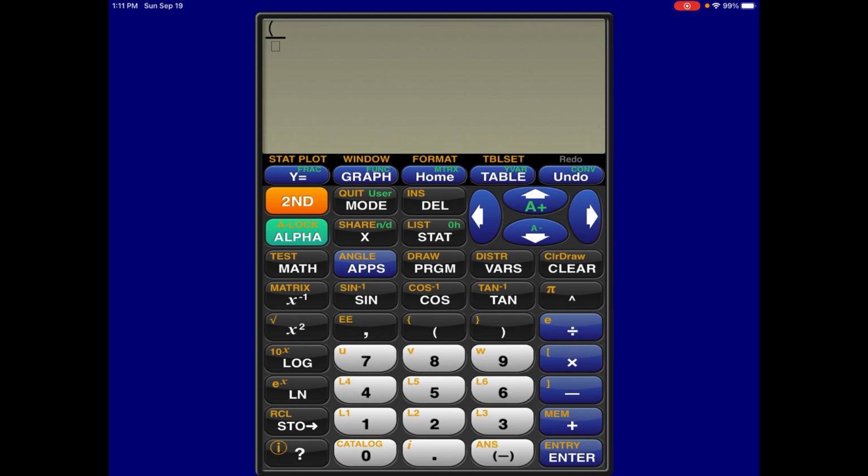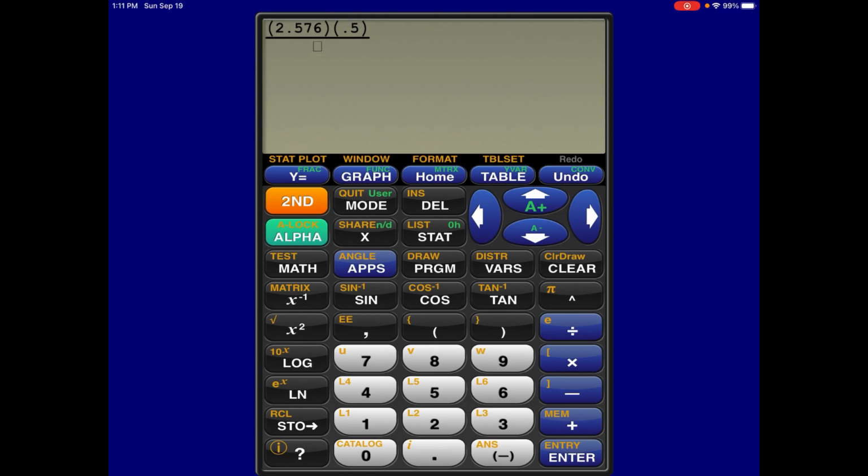Okay. So our Z-score is 2.576, parentheses, and then our standard deviation in our problem is 0.5. Now to go downstairs, you just press down, and we're going to have to get the square root button.